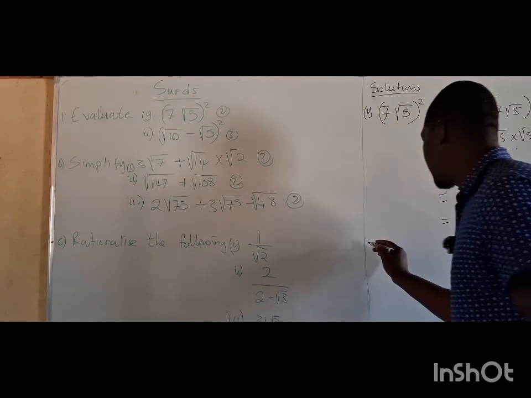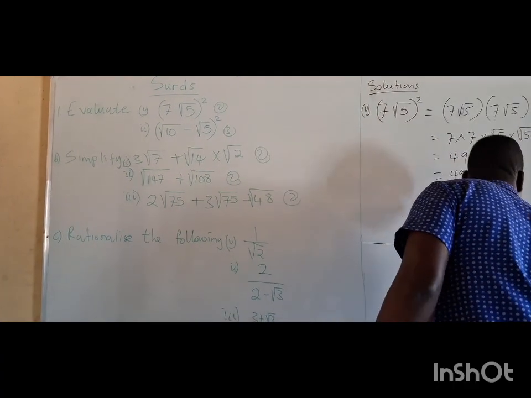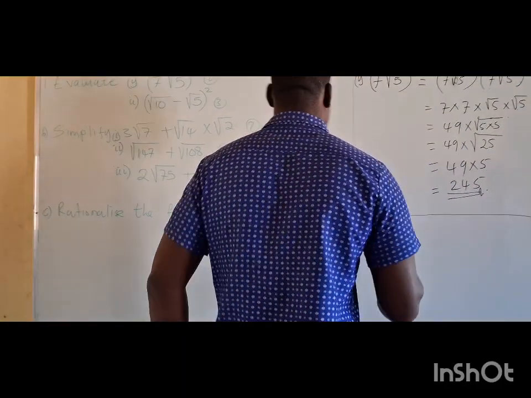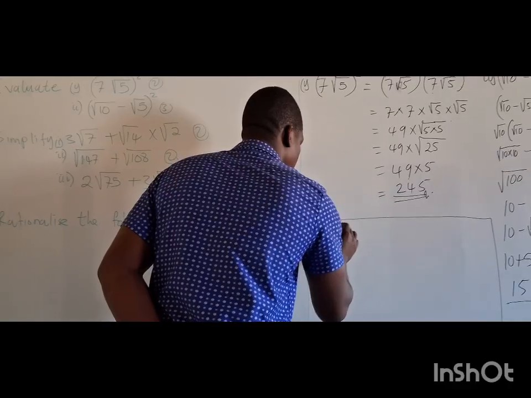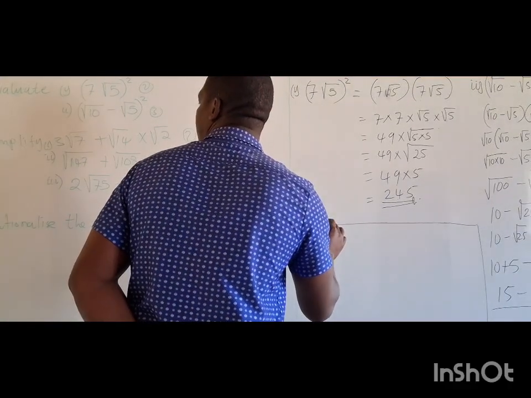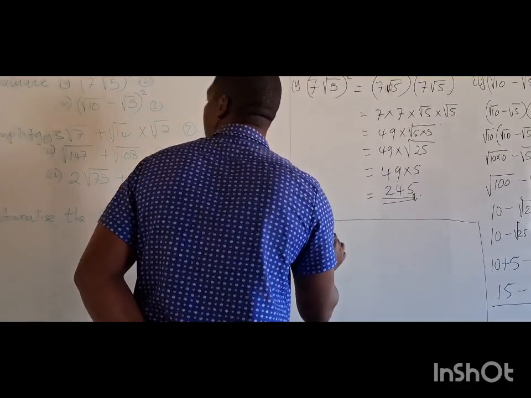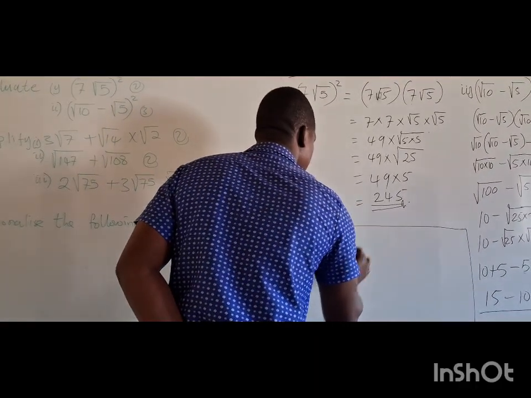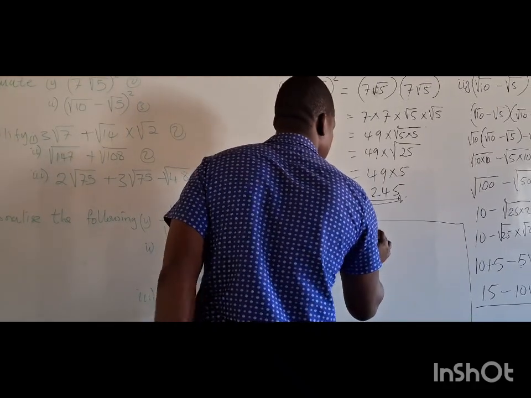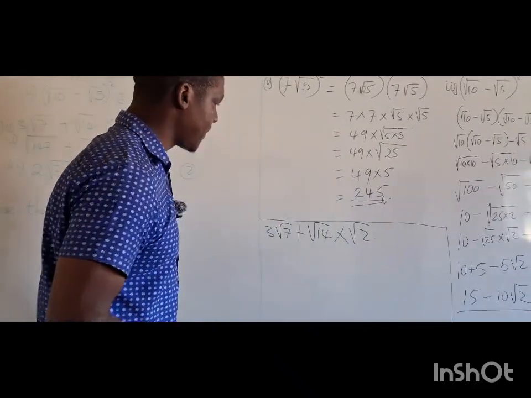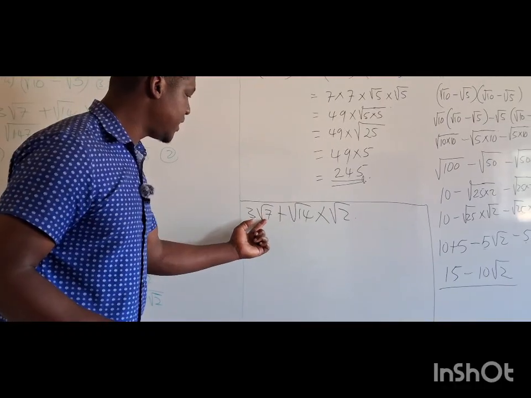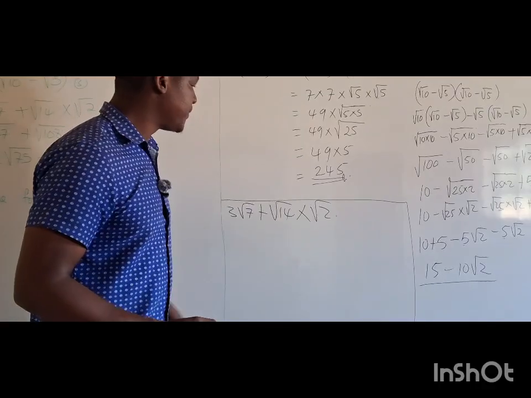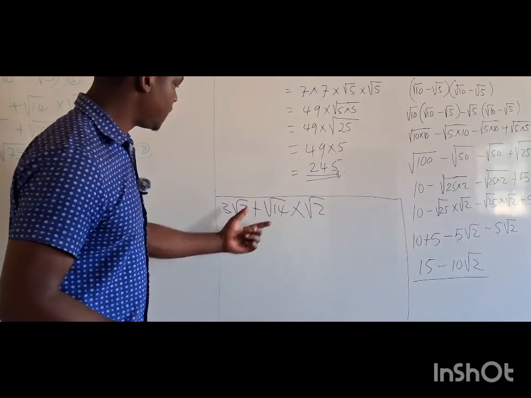simplify 3 root 7 plus root 14 times root 2. Right, you can see that here we are having a root 7, and here we are having root 14.